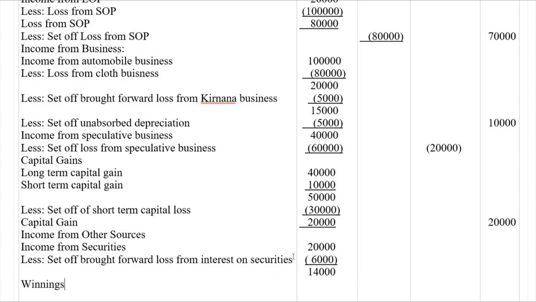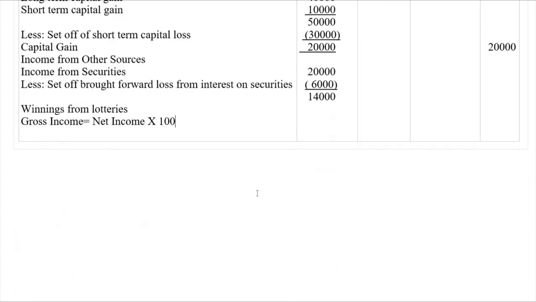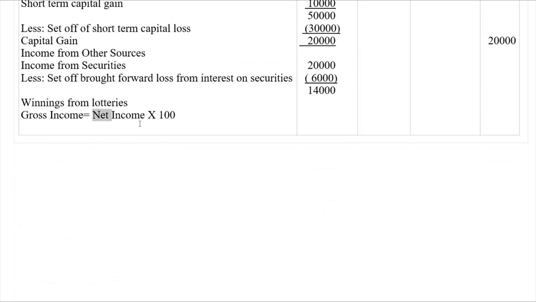In the problem we are provided with the net amount, so we need to gross up here. Gross income equals net income multiplied by 100 divided by 100 minus the TDS rate. The rate of TDS on lottery income is 30%. So 100 minus 30, we get 70.